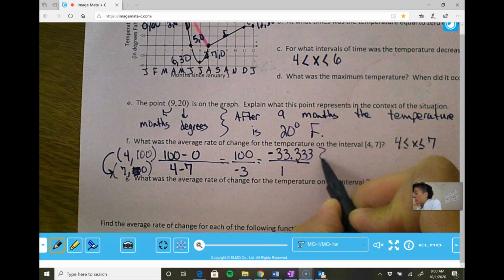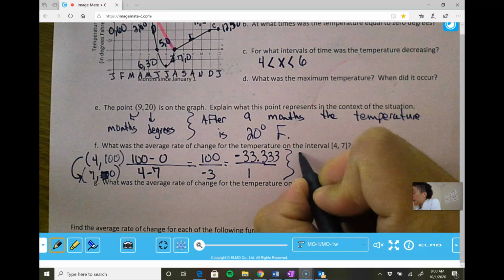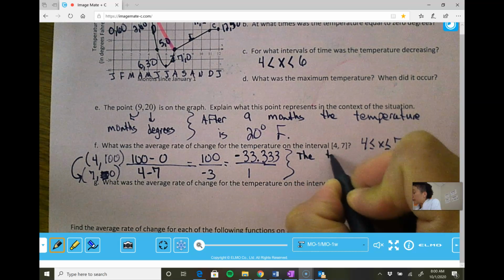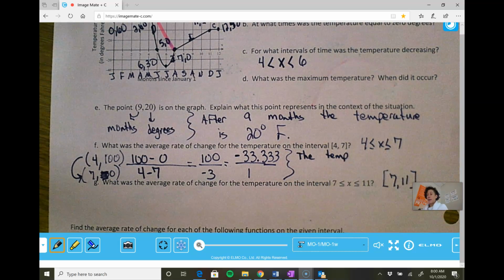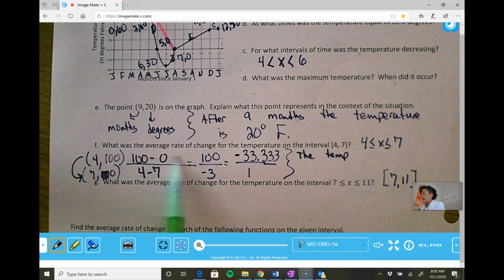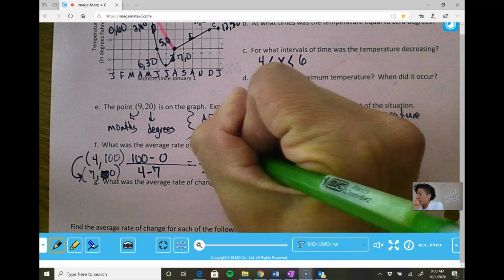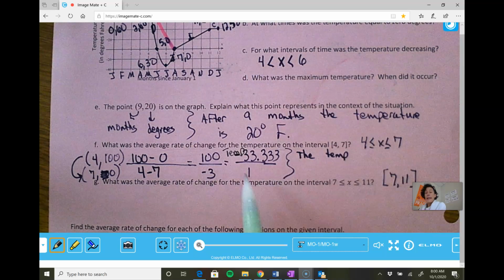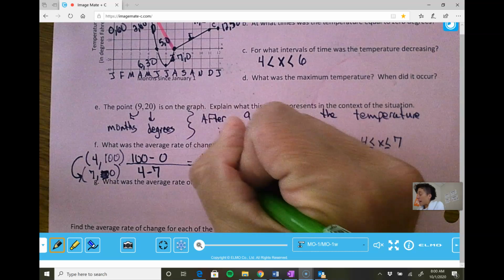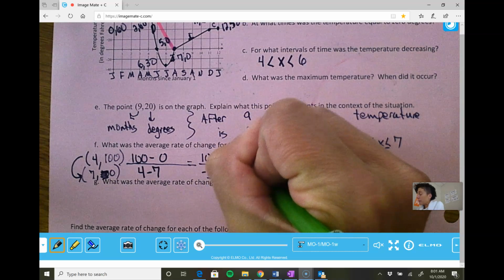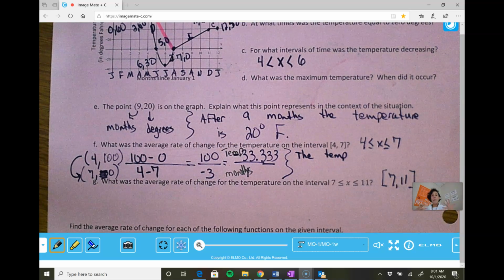And then what does this mean? It just means the temperature. And how do I know this? Because the y, again, this is all y, and y is my temperature. It's the Fahrenheit, and everything on the x is my months. And again, this is an average rate of change.